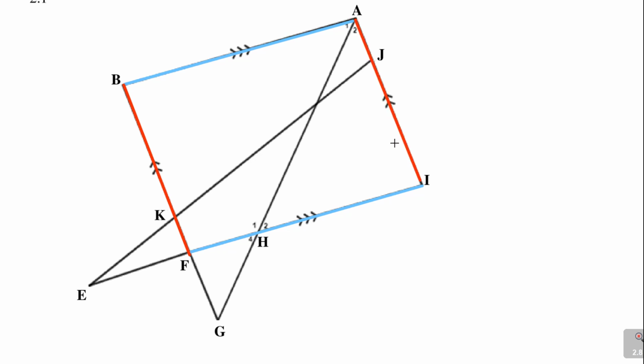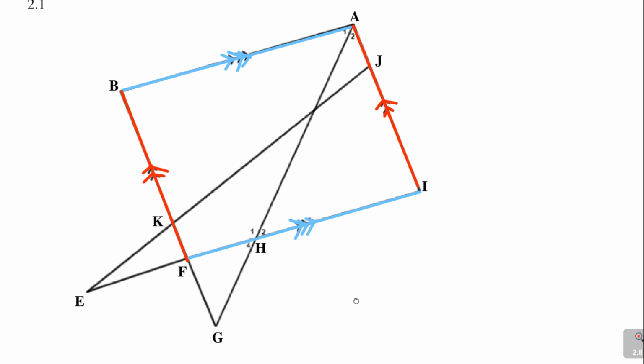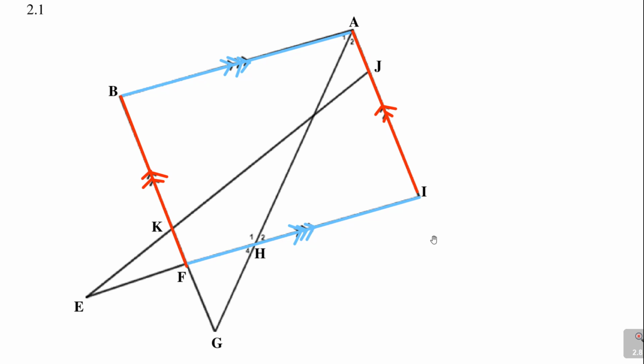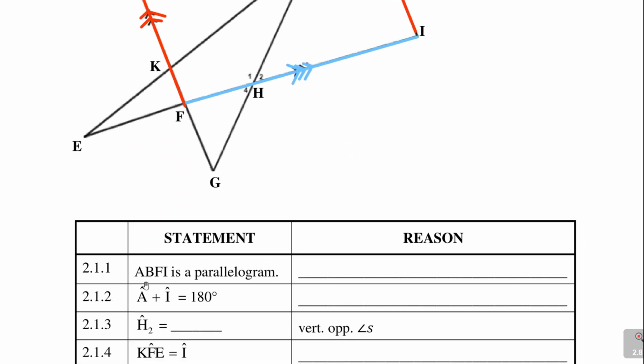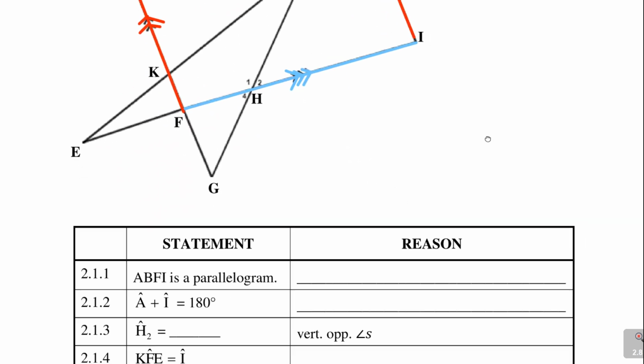Alright. So we can see that, and we can see that. And then at the same time, we can see that. So it means this is a parallelogram. Do you see that? ABFI is a parallelogram. Now, what is the reason?